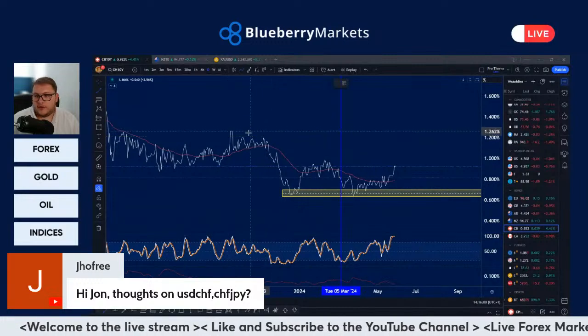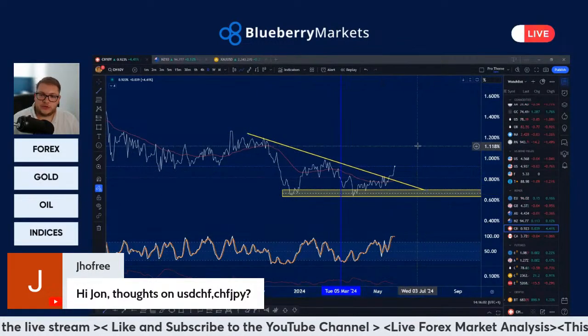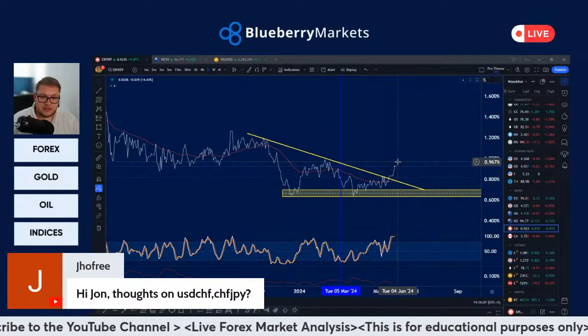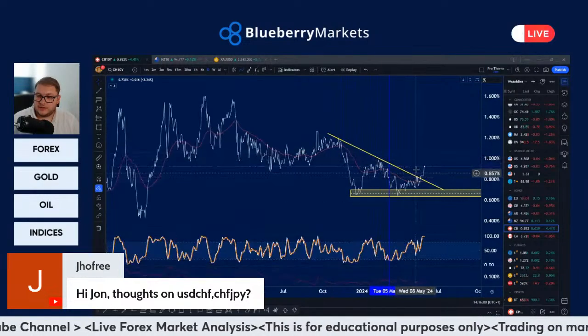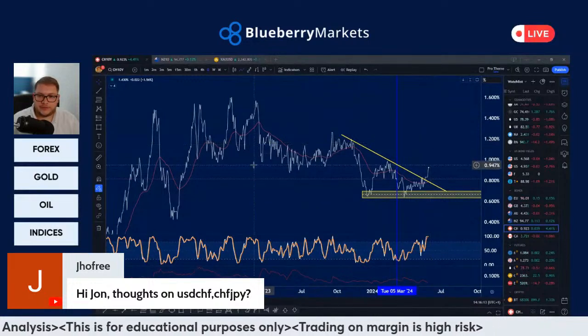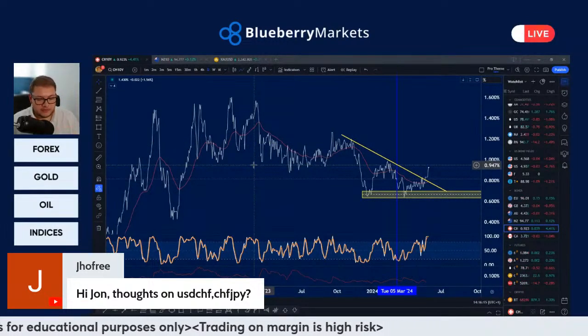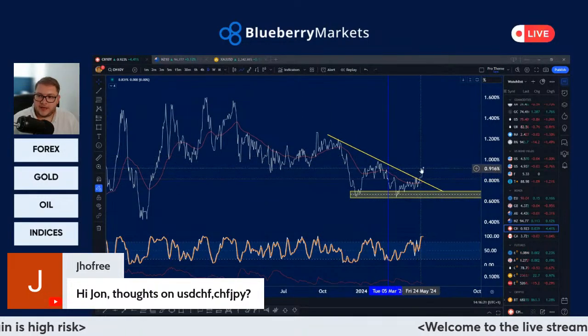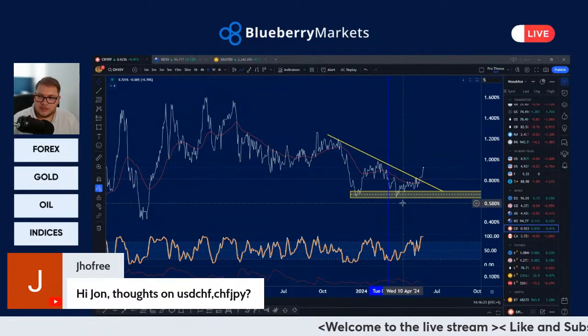We're even breaking traditional trend line resistance here and starting to breach to the upside. And what do we know about bonds? Bonds and the currency tend to have a positive correlation. So if the Swiss franc bonds are breaking out and heading up towards key areas, what does that tell us?